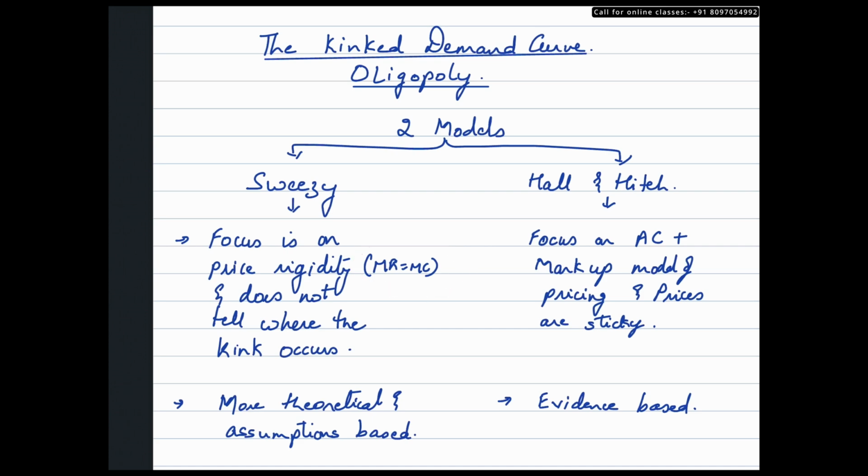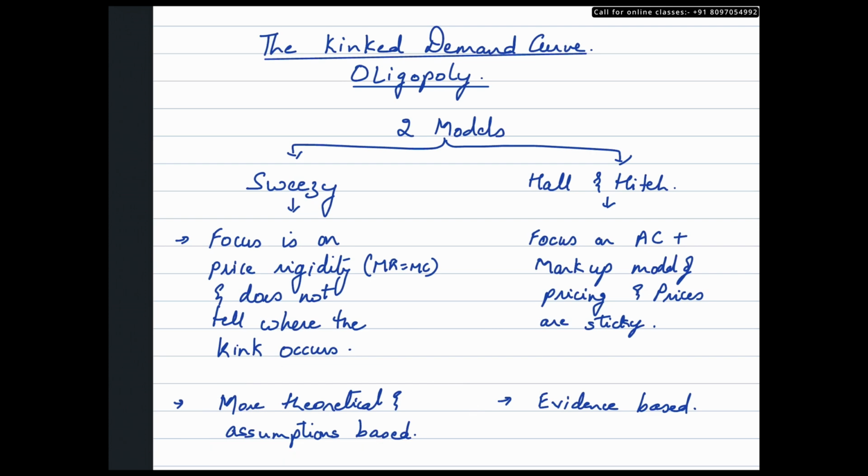This model will give you information about how the kink occurs, but it fails to tell where the kink in the demand curve would occur. Sweezy's model is more theoretical and more assumptions based.